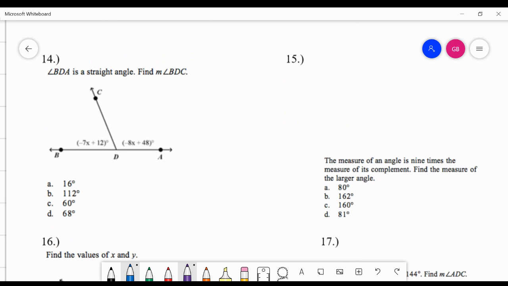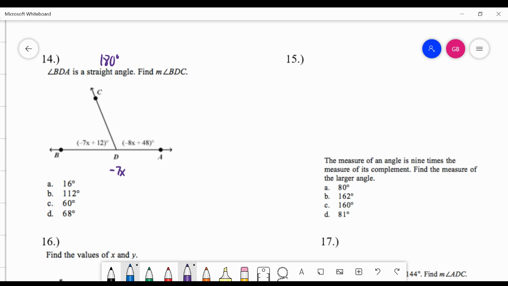14. Angle BDA is a straight angle. So it's 180 degrees. We're going to find the measure of angle BDC. Okay. So since BDA is a straight angle, the two smaller angles add up to 180.